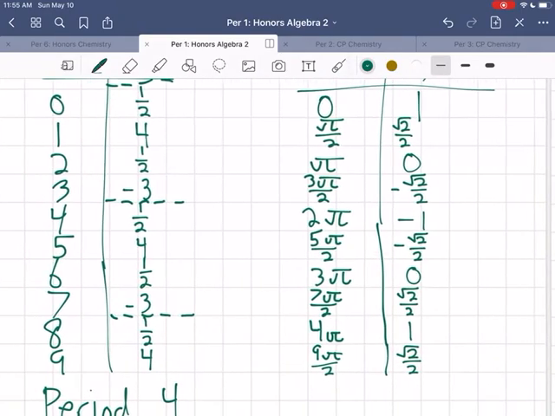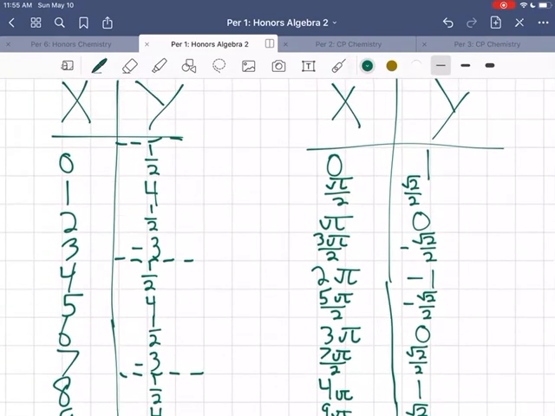Next one. All right, this time we're going to be talking about it in terms of pi. So here we go, start from 0, and then it has a step of pi over 2 each time. So if we go from pi over 2 to pi, this is just adding another pi over 2. From pi to 3 pi over 2, that is just adding another pi over 2.